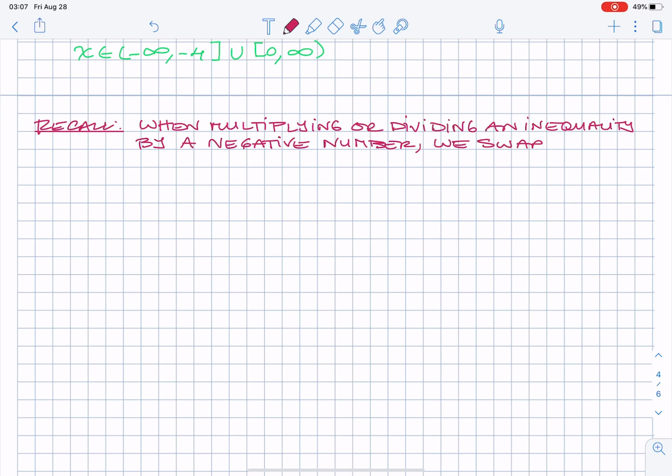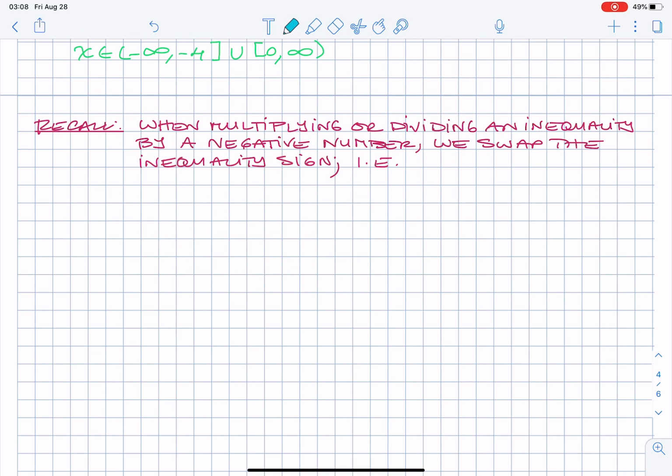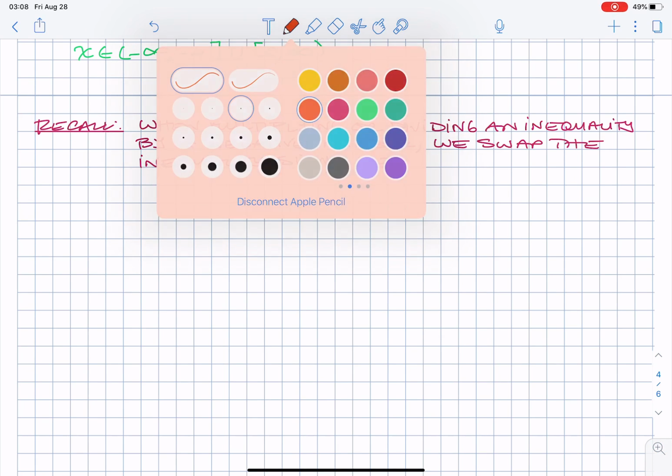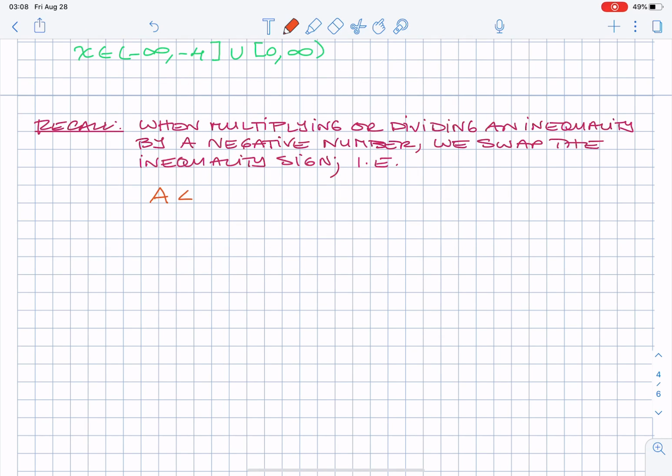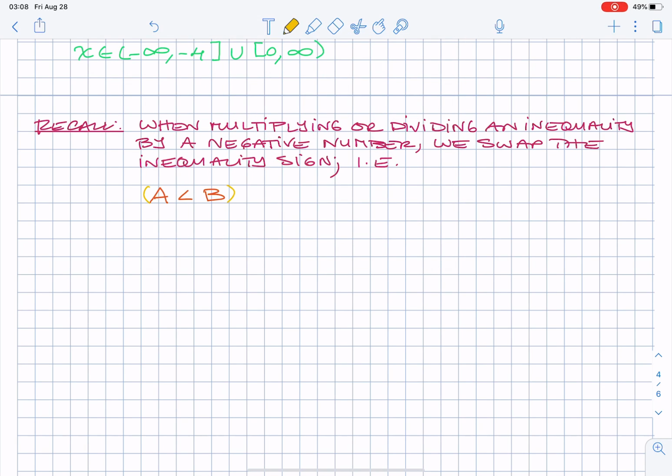So that is, i.e., id est. Let's say I have, let's use a is less than b. And let's say I multiply this by a negative 1.